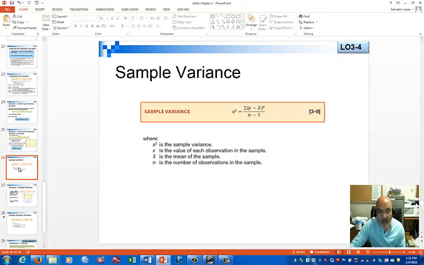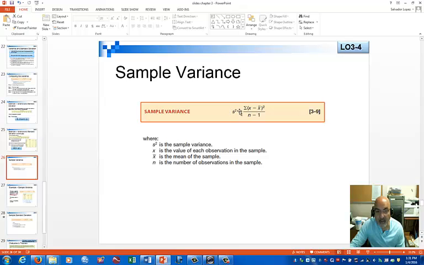You also can calculate the sample variance. Sample variance, we indicate with a letter S squared, instead of sigma squared. Remember, Greek letters are assigned for the population statistics or population parameters.